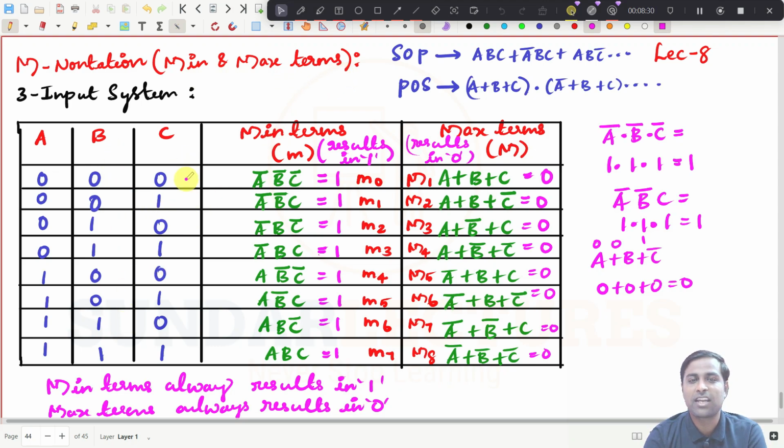We have taken 3 input systems, and in 3 input systems we have written the expressions for min terms and for max terms. In general, behind min terms the SOP functions will come, and behind max terms POS functions will come. We have concluded that min terms always result in 1, max terms always result in 0, right?